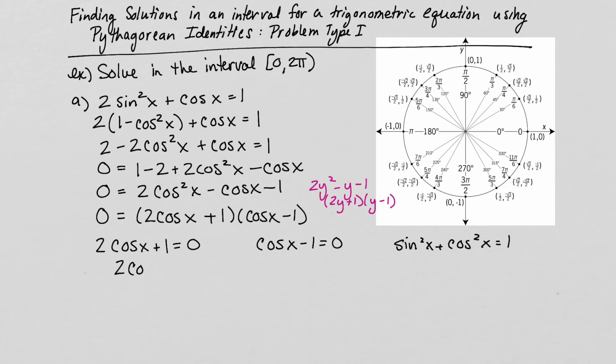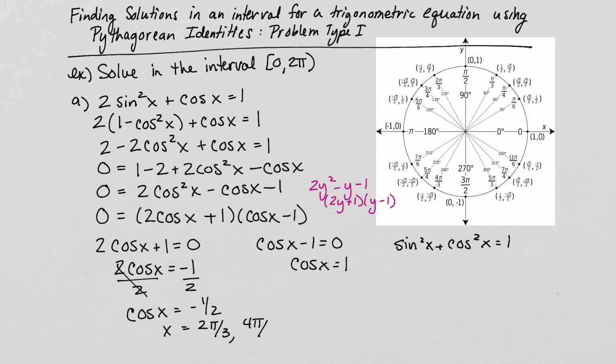So 2 cosine x equals negative 1, divide both sides by 2. The cosine of x equals minus 1/2. Here we're looking for where the cosine of x is equal to 1. And so all we have to do is pull off these values. So the cosine of x is going to be equal to minus 1/2 when x is equal to 2 pi over 3, and also when x is equal to 4 pi over 3.